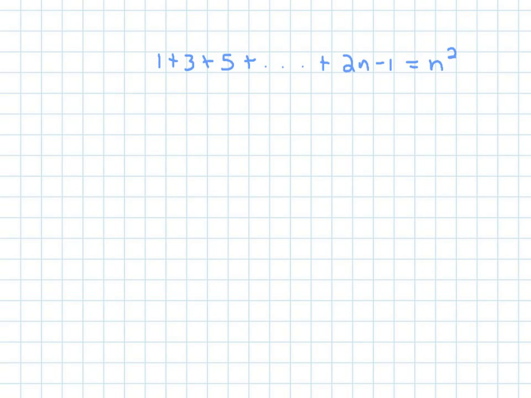beginning. So first step, the basis step, is we will show that n equals 1 is true. So if we have 2n minus 1 equals n squared, we will see that 2 times 1 minus 1 will equal 1 squared.